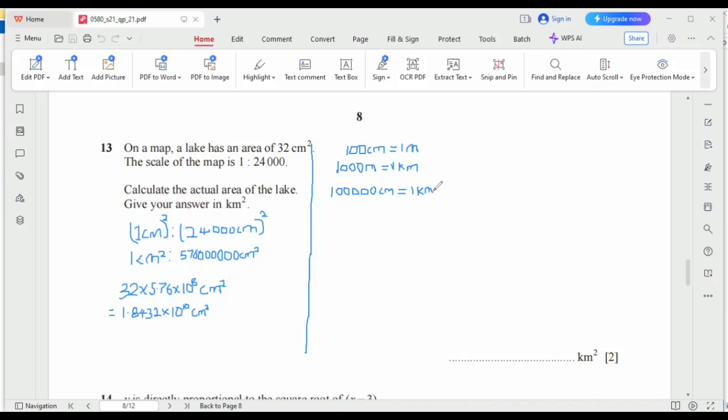Now, if you want to know how many centimeters squared make 1 kilometer squared, you just square both sides, just like we did here. It's simple. Square both sides to know the actual conversion rate.